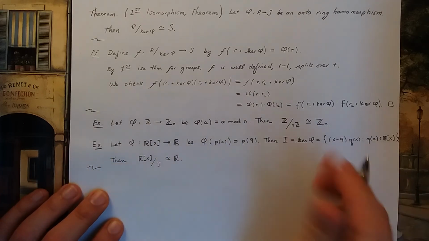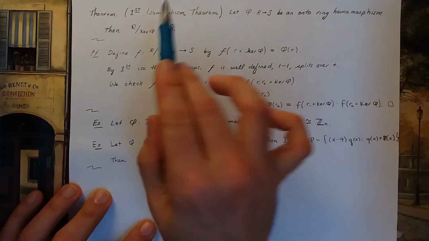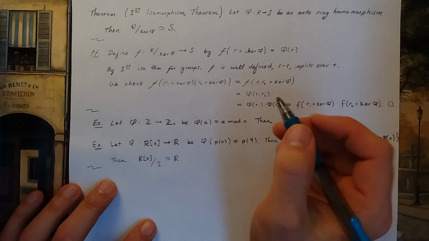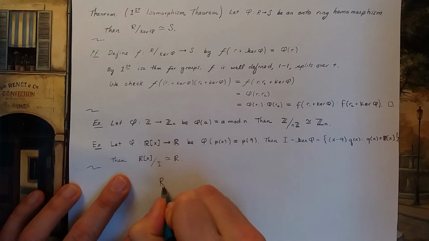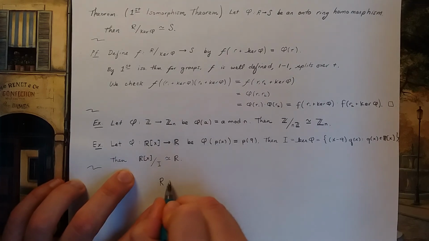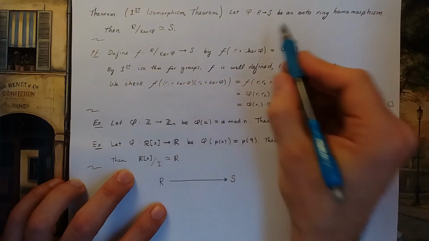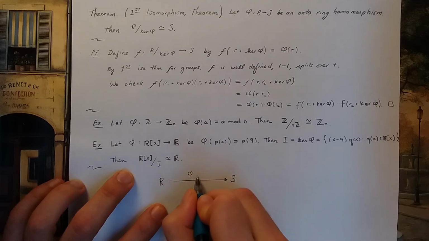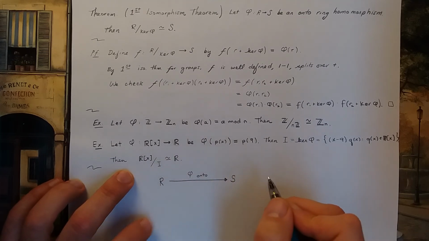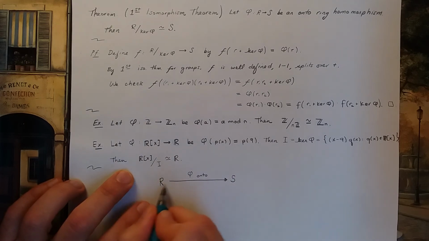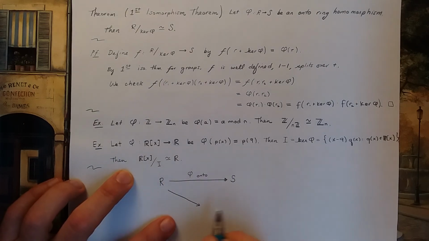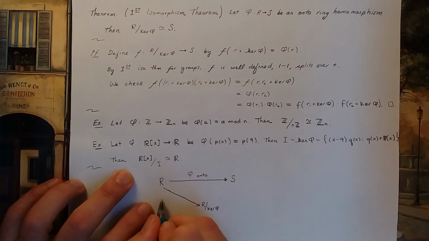So if you'd like to graphically depict the first isomorphism theorem with a diagram, we could do so. We have a ring R, and R is sent to another ring S by phi, and that's got to be onto. You could take elements in the ring R and send them to the factor ring R mod the kernel. The function that does that is the natural ring homomorphism. Let's call it eta.